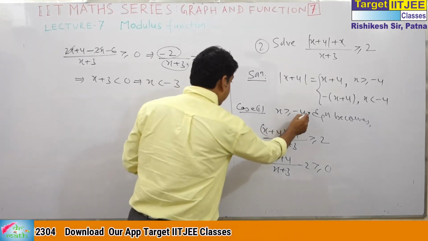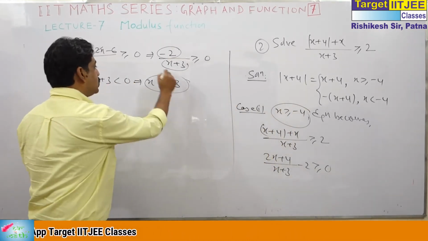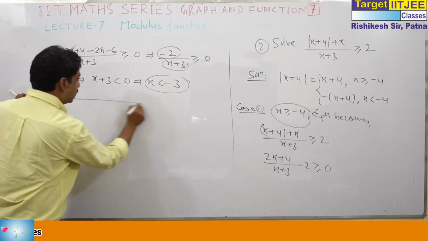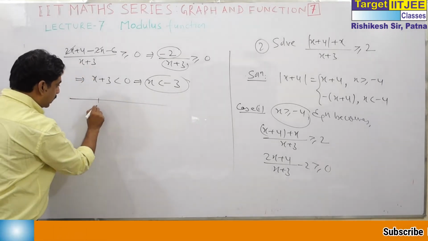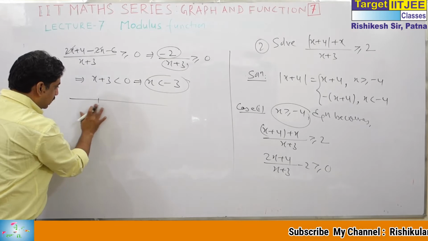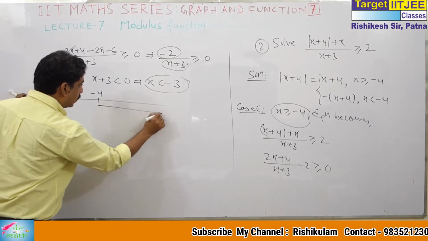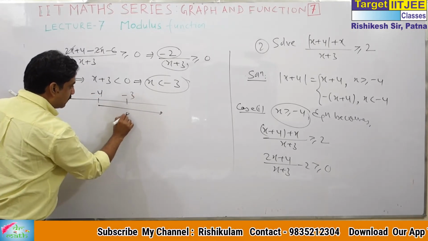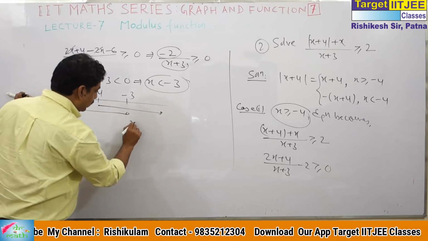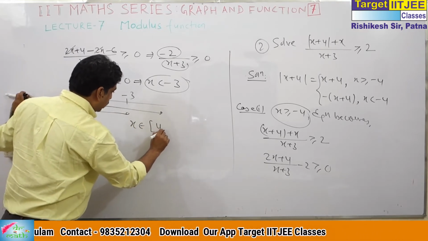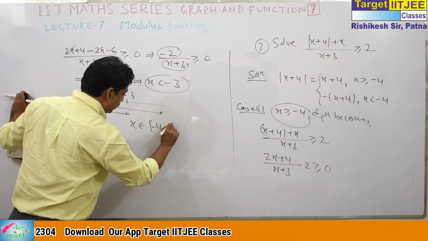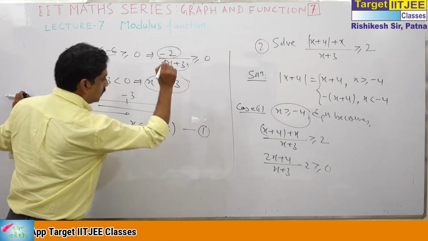The solution is the combination of this and the case condition: x is greater than -4 and less than -3. So x belongs to (-4, -3). Point one.